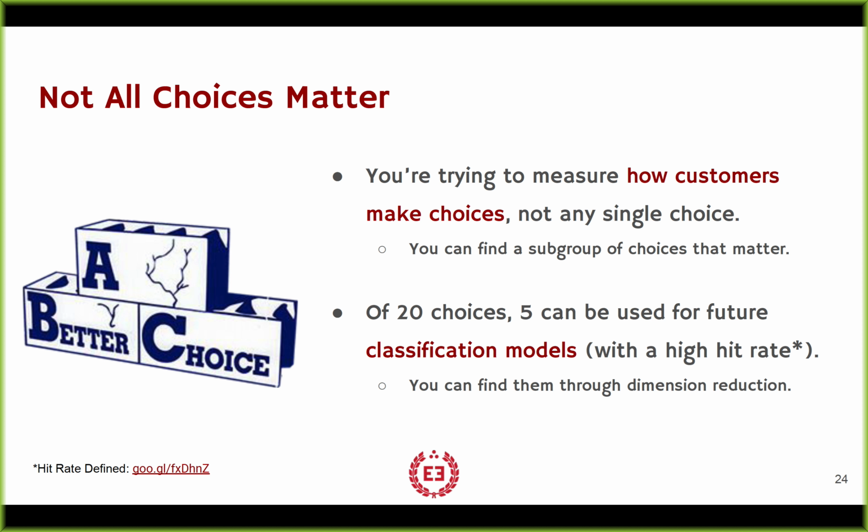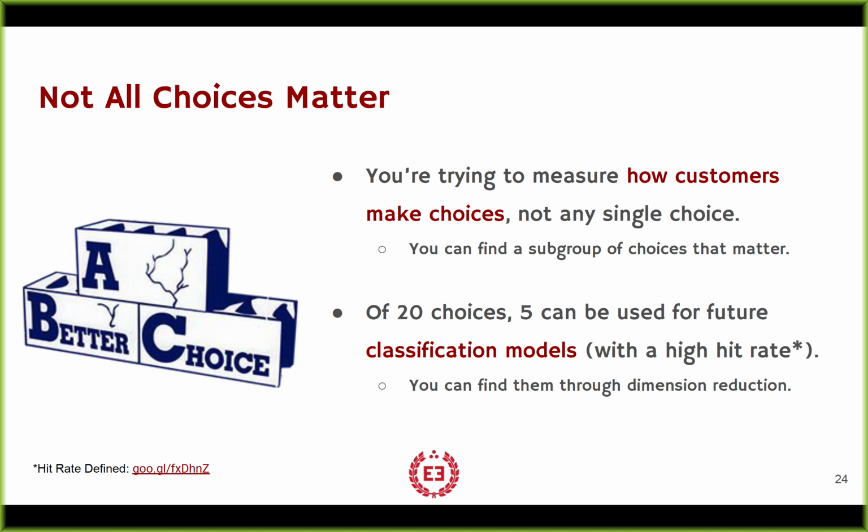You have 10 choices. And then from those, you will be able to figure out there are 5 of the 15 or 5 of the 20 that you use that are going to be highly predictive of the others. And in future surveys, you don't even have to ask 15, you can just drop down to 5. And those 5 will predict, classification models will predict with a very, very high hit rate. Sometimes this is also known as the hit ratio.